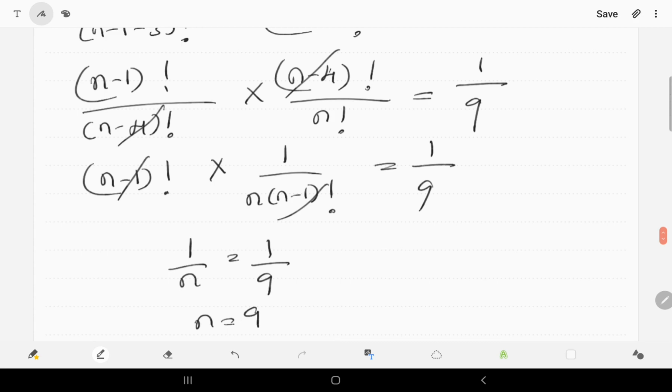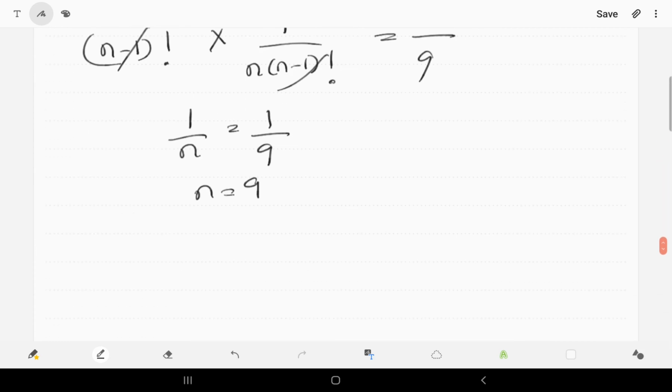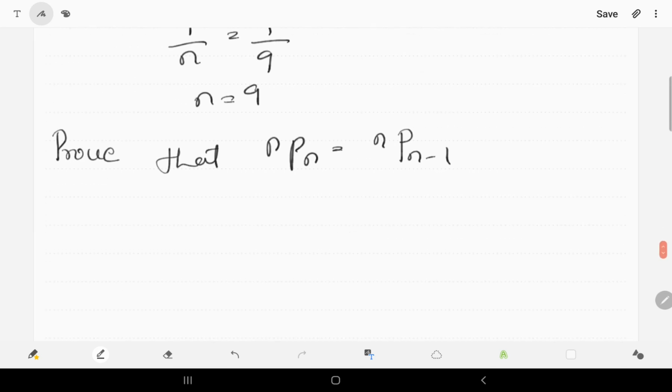Next one. Prove that nPn is equal to nP(n minus 1).